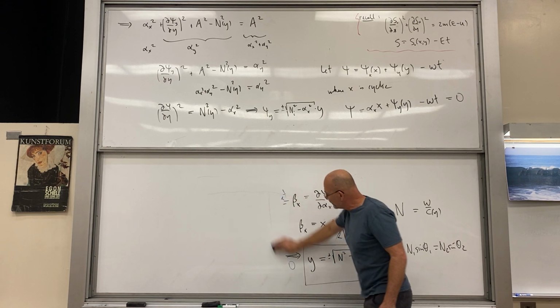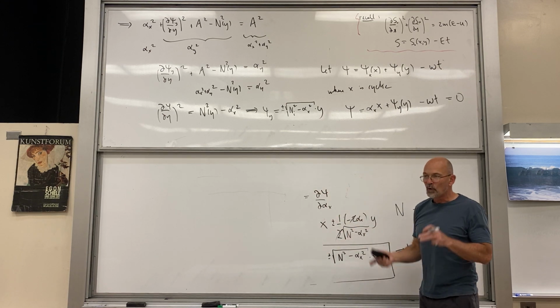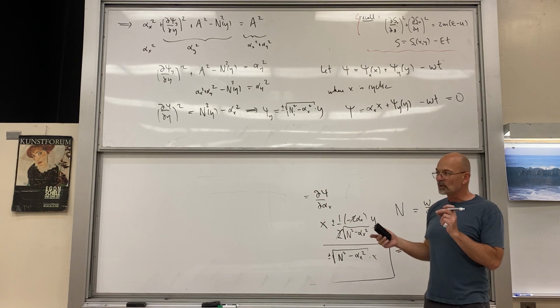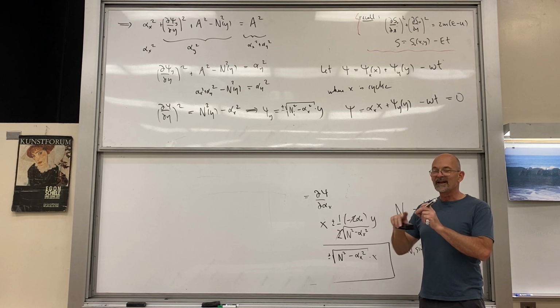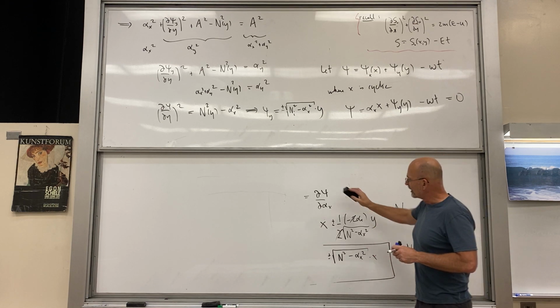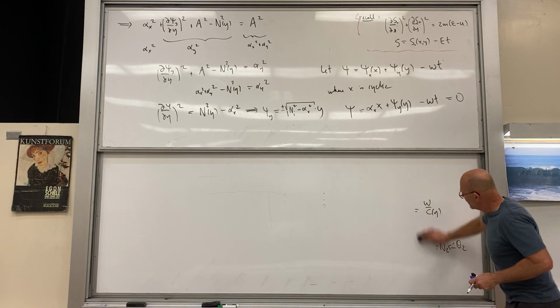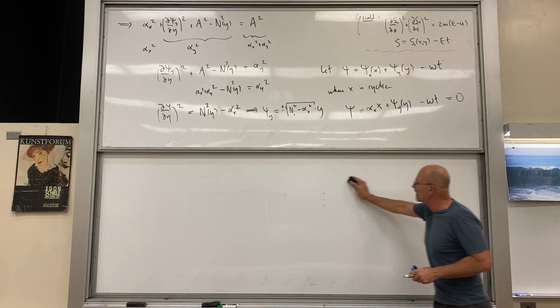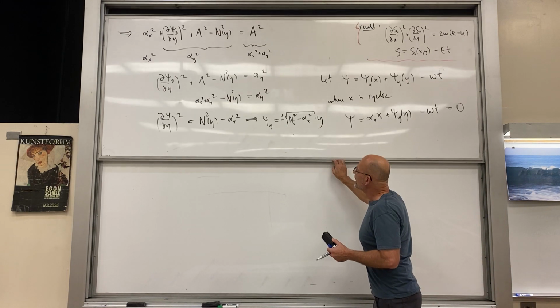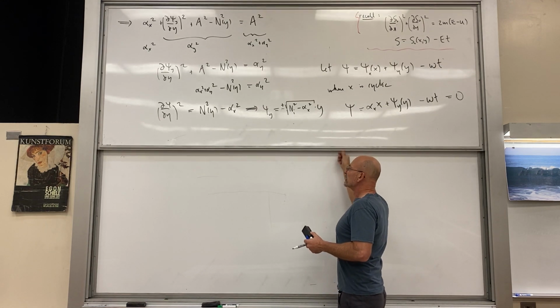So this originated in a wave equation, and then we did the short wavelength limit, and that's where we got the Eikonal equation. So I'm going to repeat a bit of that, not the whole thing, as we move on.